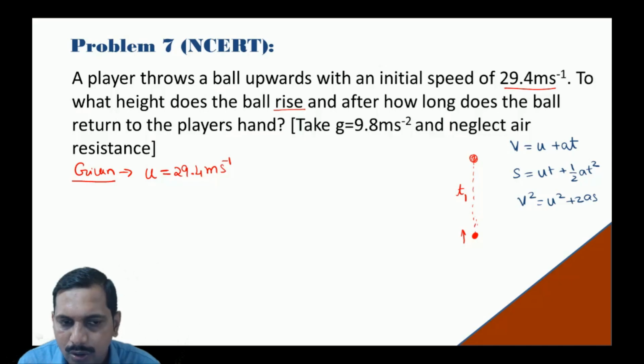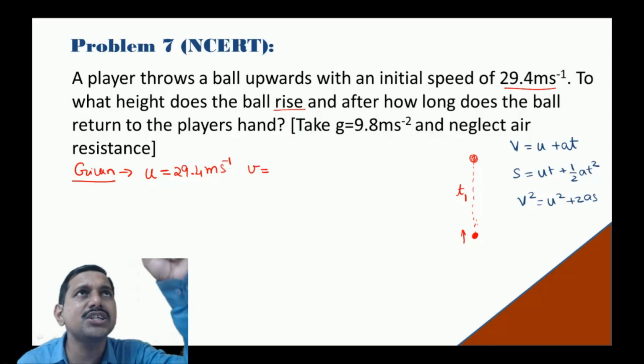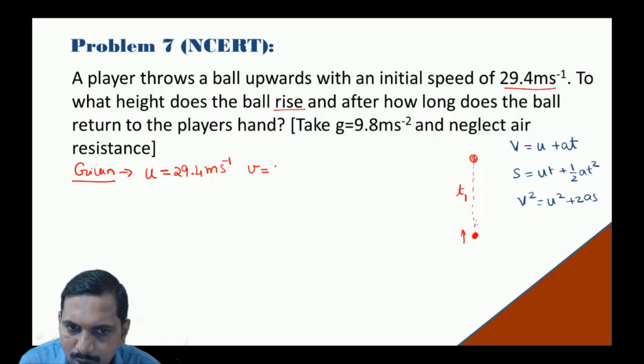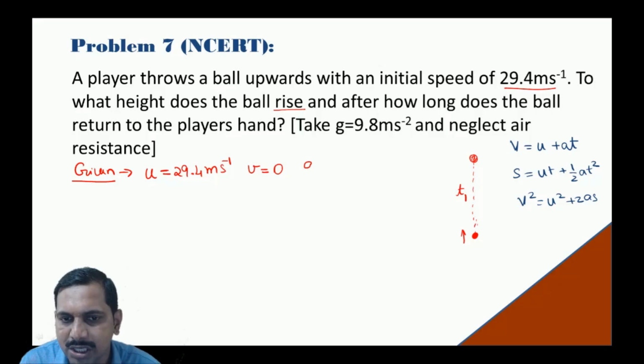So u is equal to 29.4. What is v? As it reaches the top, the velocity becomes 0. What is the acceleration here?